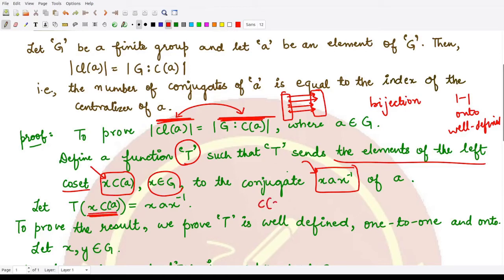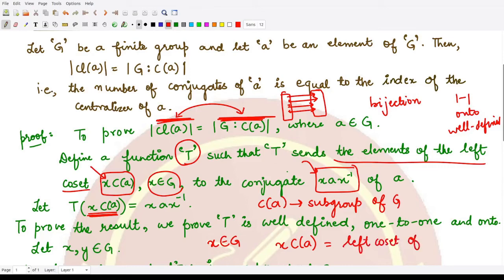The centralizer of A is a subgroup of the given group G. If this is a subgroup, we can create a coset out of it. So we can have some element X from G such that X times the centralizer of A is the left coset of the subgroup C of A generated by the coset representative X, right? So we are mapping X C(A) into the conjugate of A.